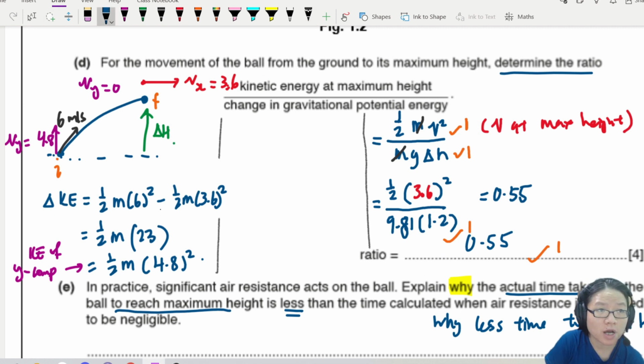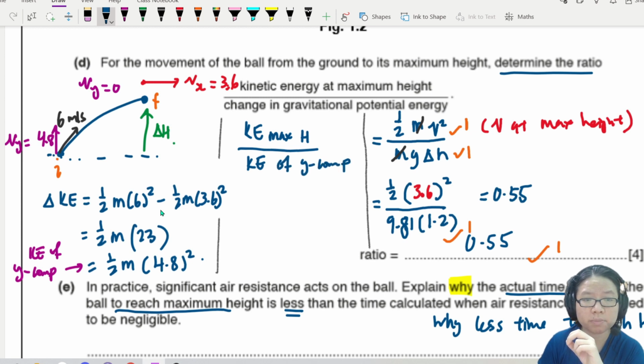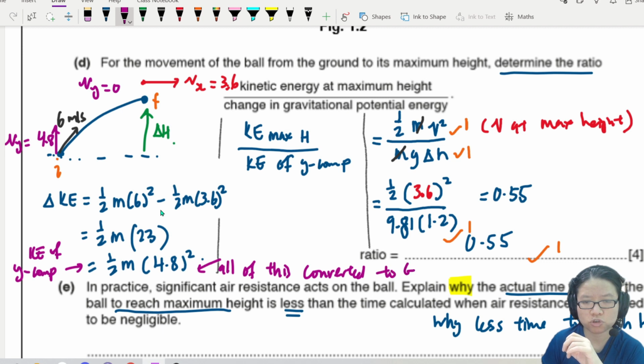Instead of taking the change in height, which I can easily get from part C, I can also take the KE at max height, which is the KE only due to the x component, divided by the KE of the y component, because all the KE of the y component is converted to GPE. All right, let's put it in and see what we get.